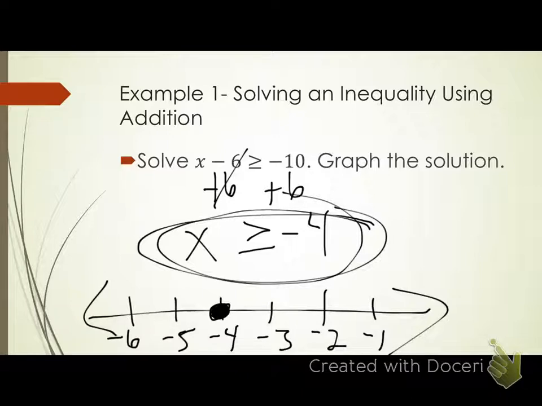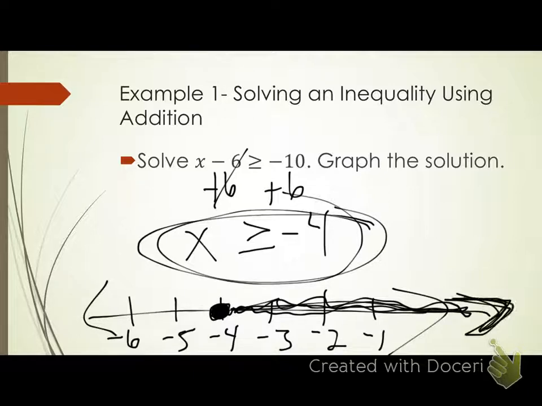And which way am I shading? To the right, because I want all the numbers that are greater than -4. So that'd be to the right of -4. You might have seen this before. Don't forget your arrow with your shading, because that's letting me know that the shading's going on forever and ever. Any questions on this first example? Can I move on?